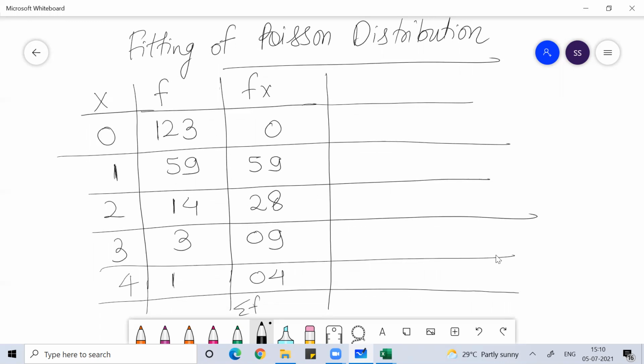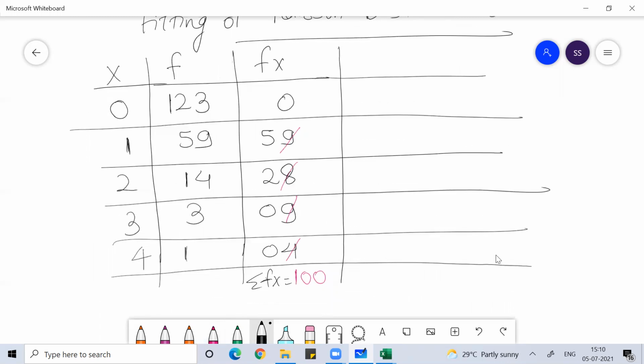Sum of fx is 100, and the sum of f is 200.